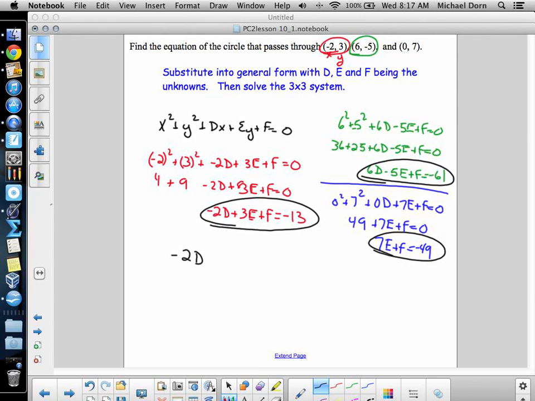Negative 2d plus 3e plus f equals negative 13. 6d plus 5e plus f equals negative 61, and 7e plus f equals negative 49. Those are my 3 equations and 3 variables. Now we have to solve that system.